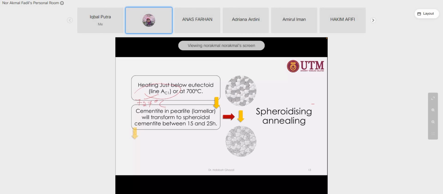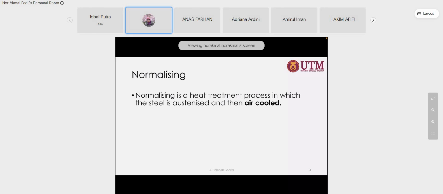This is what happens. After the transformation is complete, we do a very slow cooling, which is furnace cooling. That's it for the annealing. Annealing involves full annealing, process annealing, and spheroidizing.